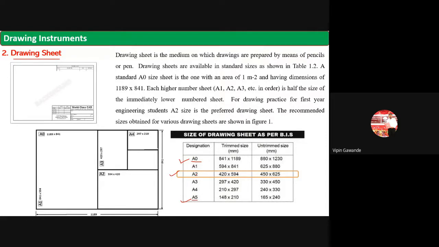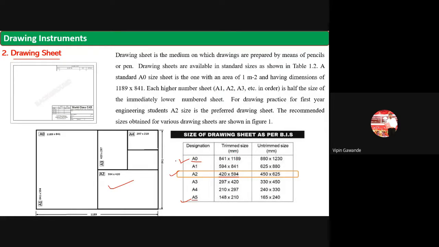In offline mode, we use this A2 size sheet for construction of all the drawings. Remember A2, and the size is 420 by 594 mm, with all dimensions in mm.